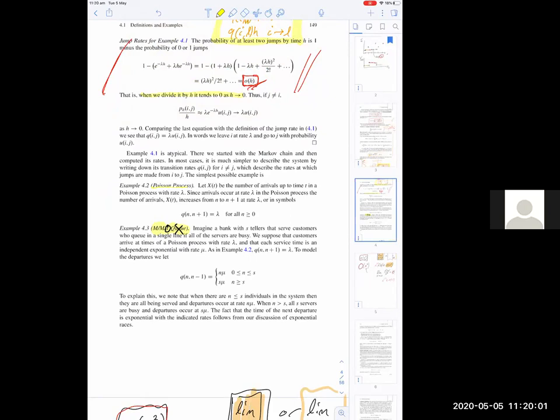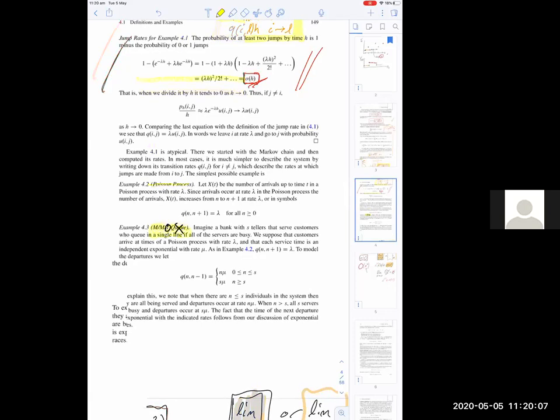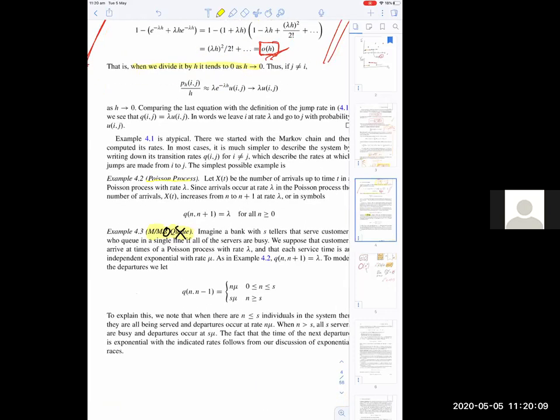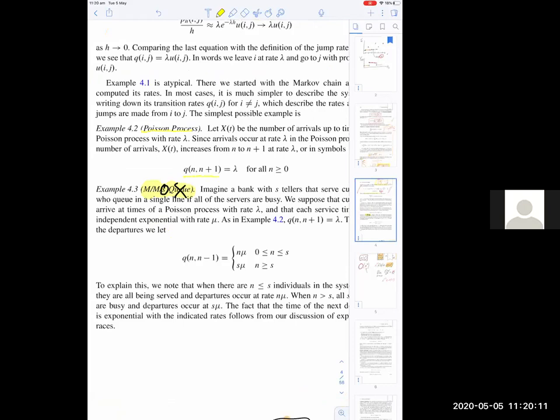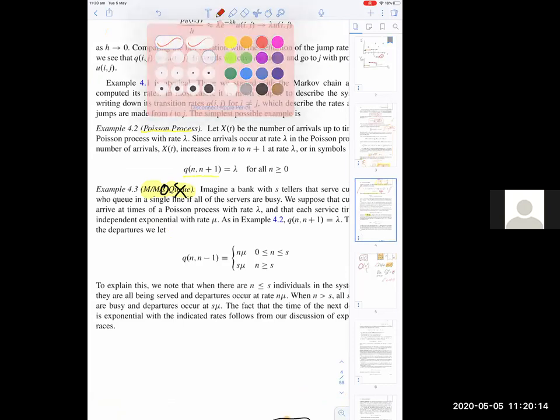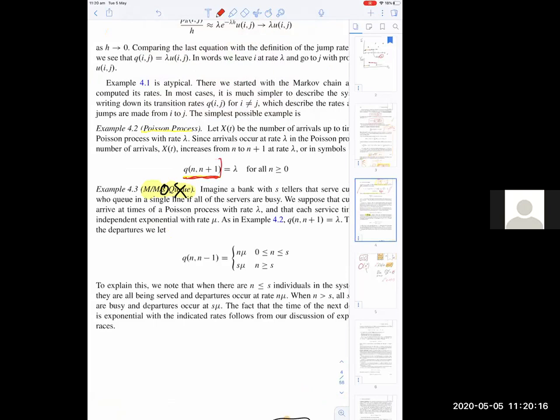If you want to treat the Poisson process as a continuous time Markov chain, then you'd say it's a continuous time Markov chain where the rate of going from state n to state n plus 1 is lambda.